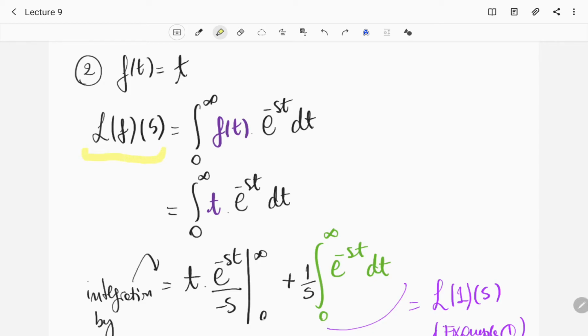So the Laplace transform of this function at s is the integral from 0 to infinity of the function f times the exponential to the power minus s times t. Now we replace our f for t because that's what we have here.